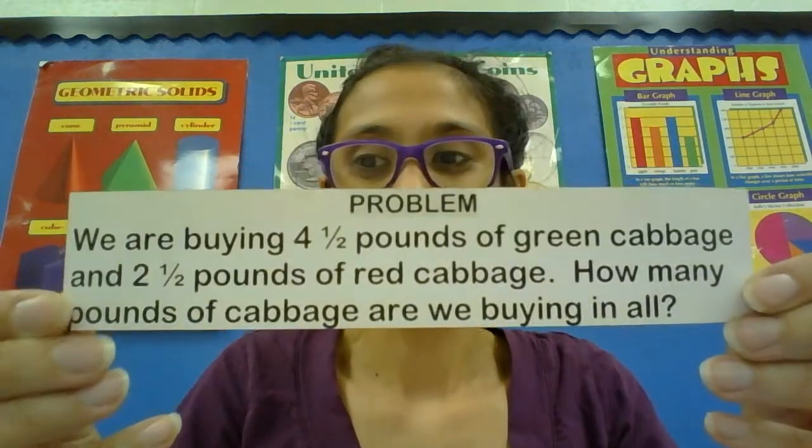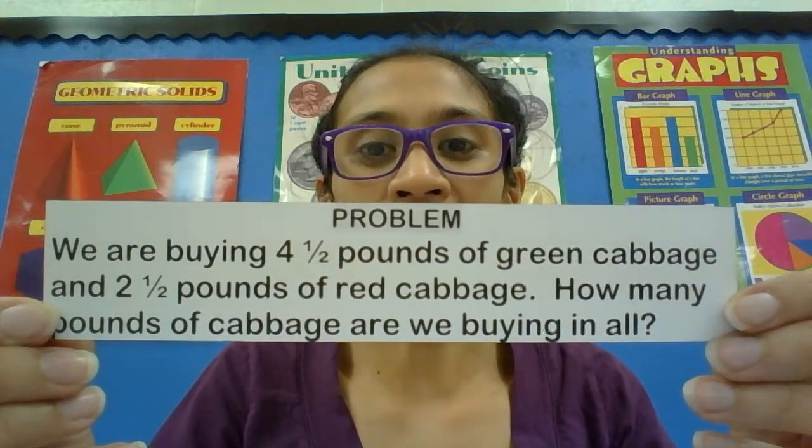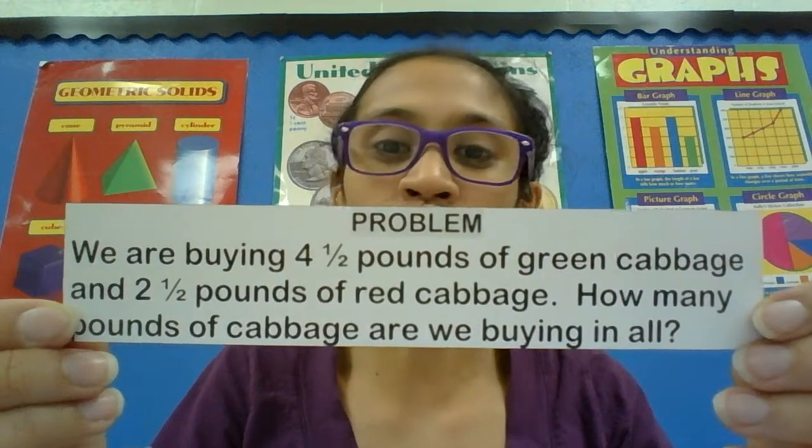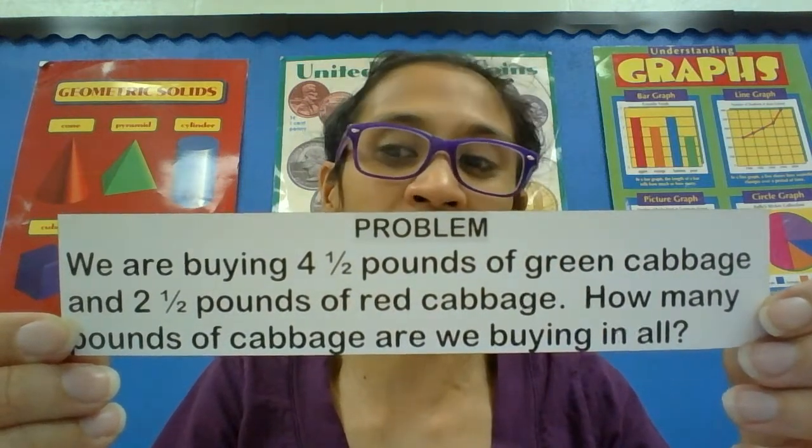All righty. Are we ready for question number 3? Okay, remember, I'm not expecting you to do it this fast. You can write it down, then pause the tape. All right, question number 3. We are buying 4.5 pounds of green cabbage and 2.5 pounds of red cabbage.